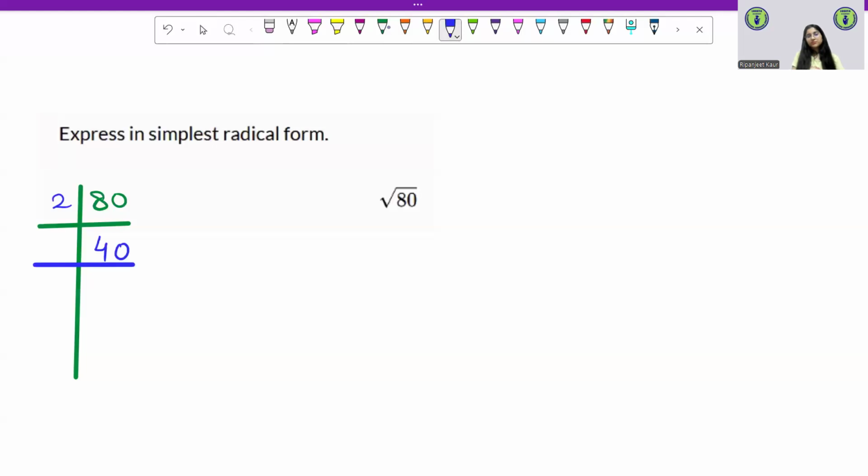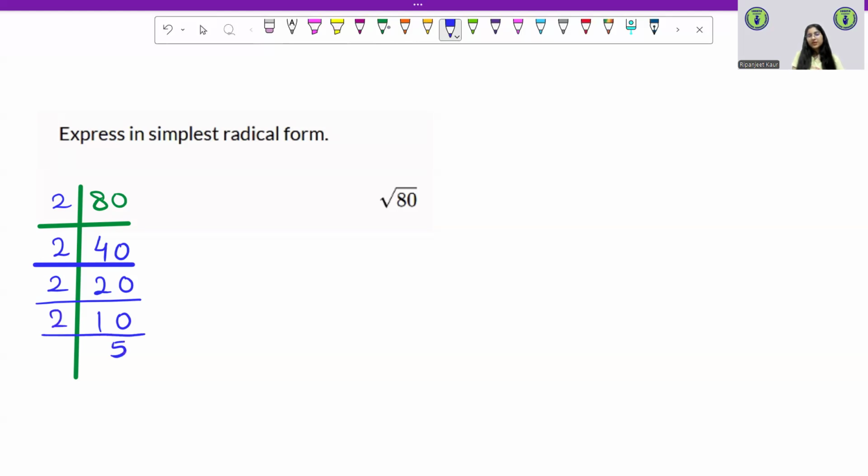You can do it with 2 again. You get 20. You can do it again with 2 and you'd get 10. And then you can do it again with 2 and you'd get 5.